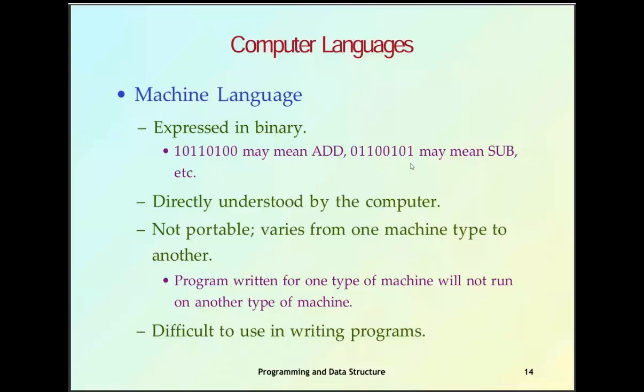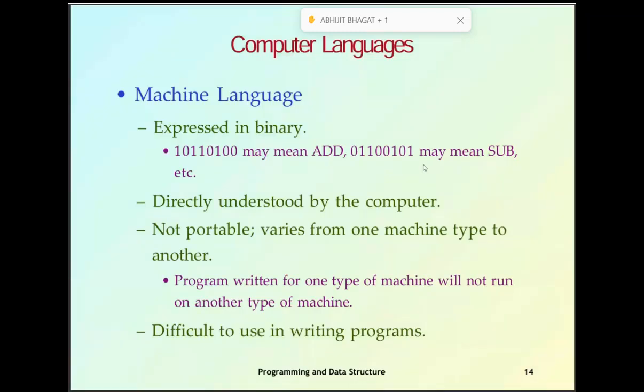For addition, subtraction, for every operator, for every character, if you have to remember a sequence of 8 bits, convince yourself, life will be very difficult. But a computer only understands machine language if you provide the instruction. Other than this language, your computer will not be able to do anything.